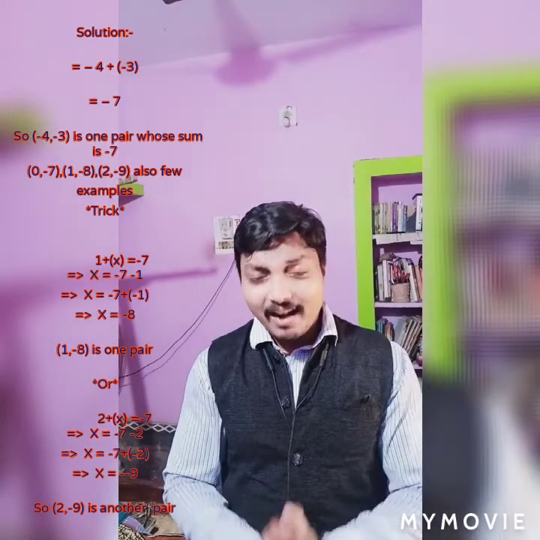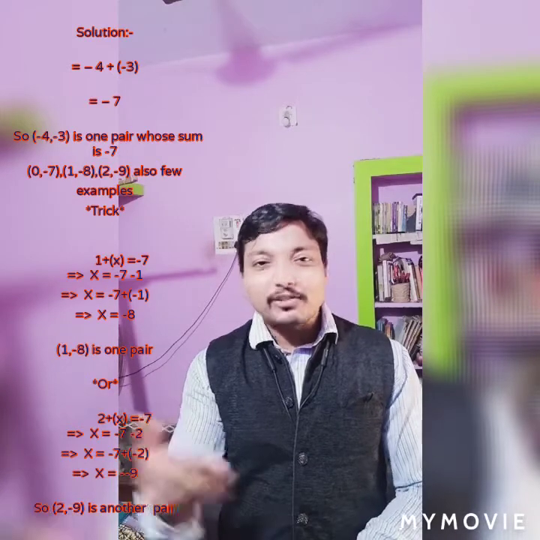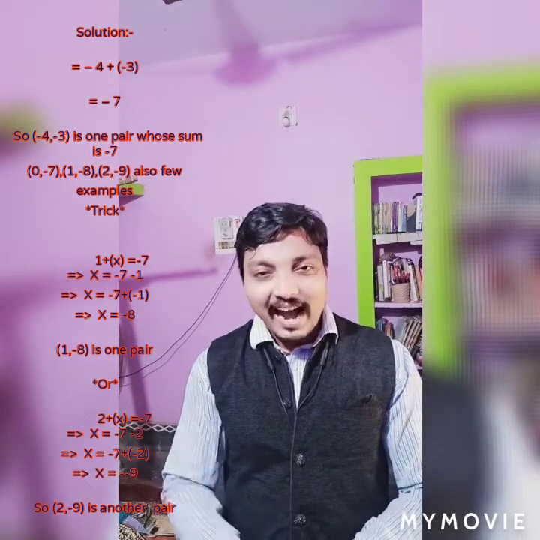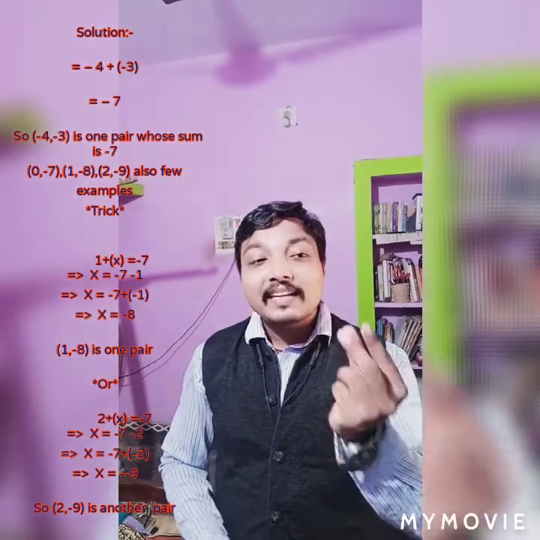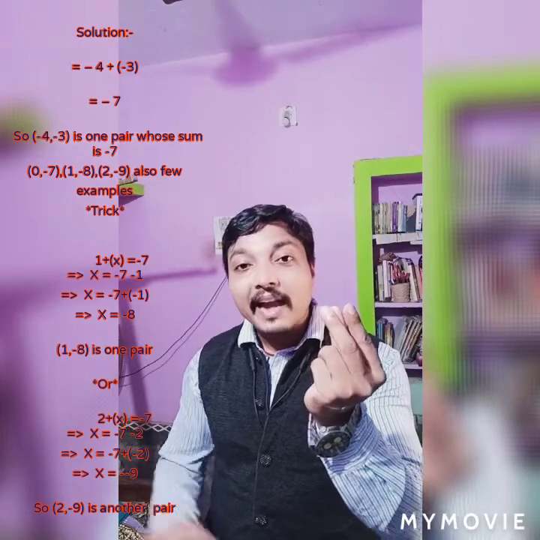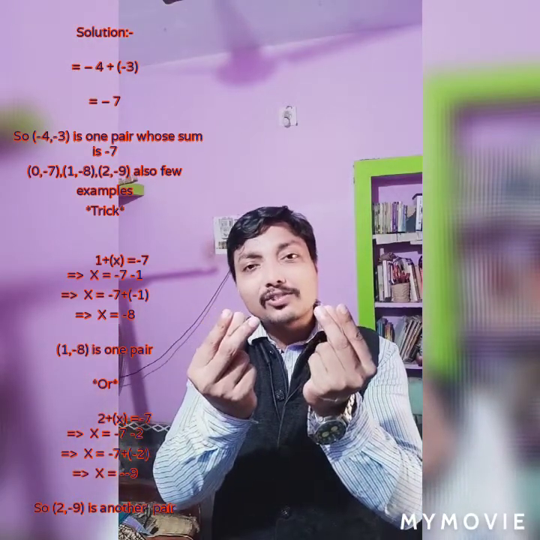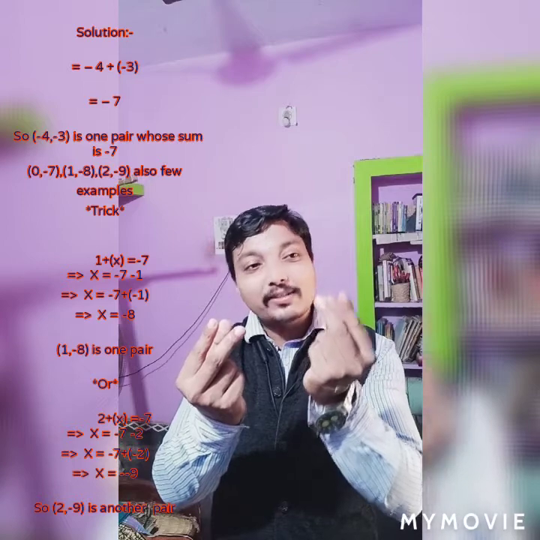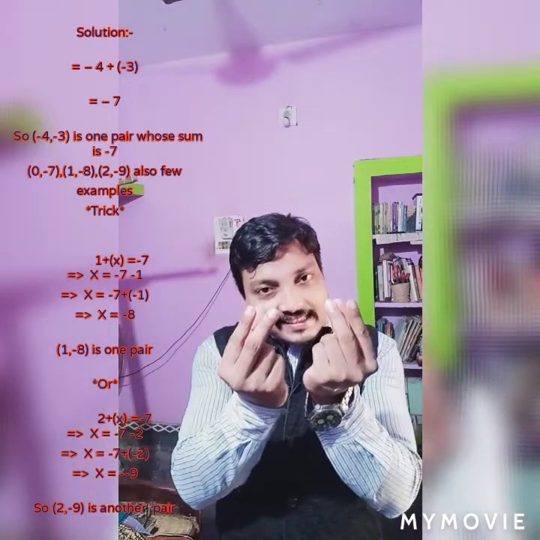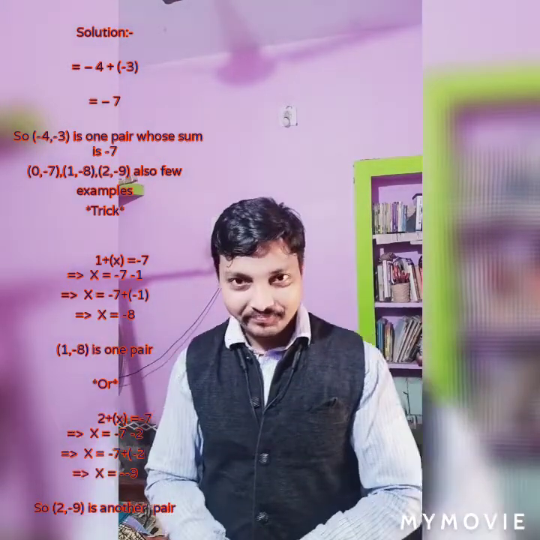Just like I have done one example, you can also try another. Suppose one is taking 2. 2 is added with which number such that the sum will be -7? So the equation is 2 + x = -7.